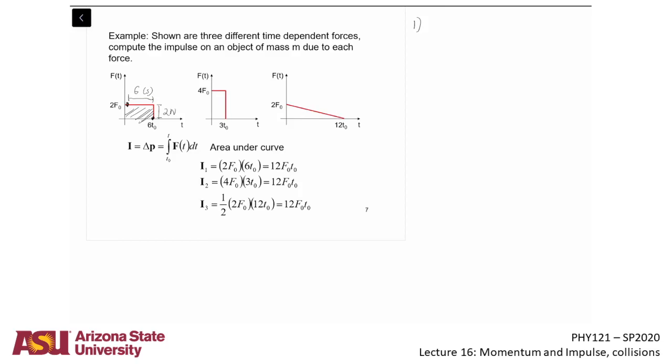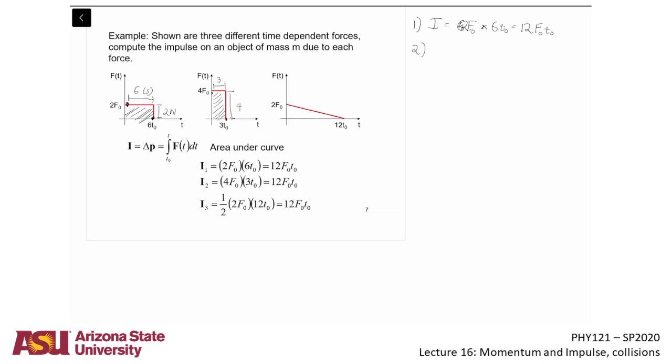Okay, and so the impulse of 1 is 2F0 times 6T0, which is equal to 12F0T0.